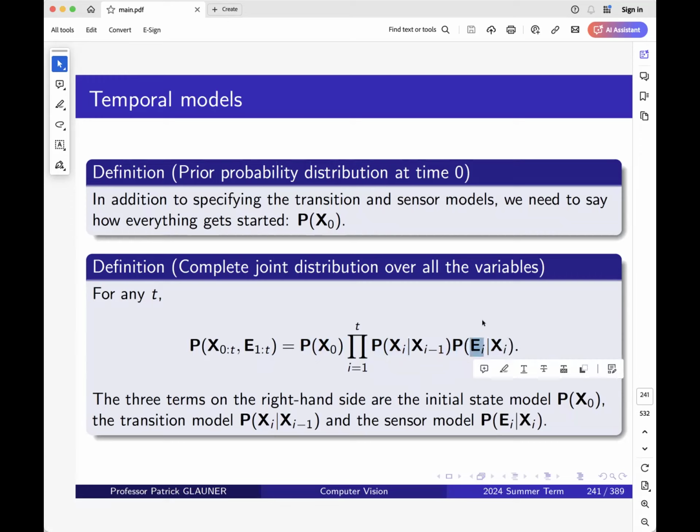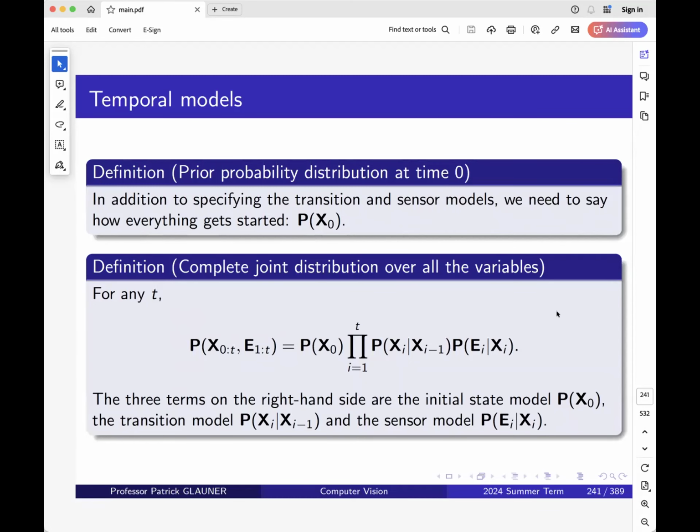This would be, for example, the umbrella depends on the rain. And here again, it's more generic because it's a probability of the evidence given the state. So this general definition here of the complete joint distribution refers to that kind of graphical model we have just seen.